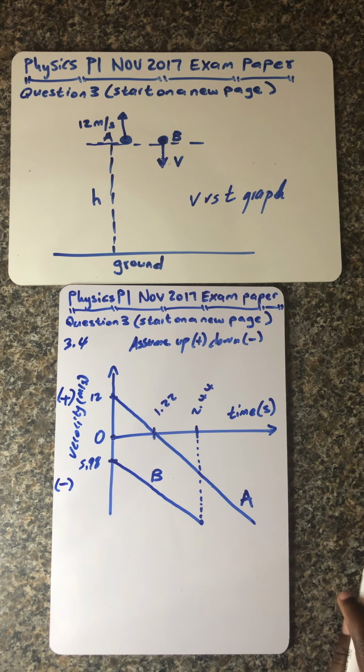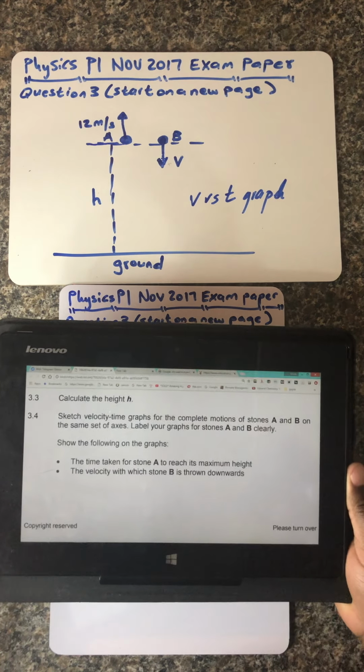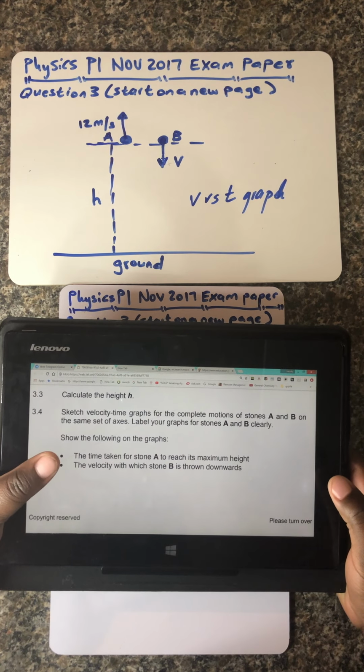Okay, so I think this is how we've answered the question, guys. Let me just quickly check from the question paper if we have answered everything before we start marking this question. I think everything is provided. So let's check. They said sketch a velocity time graph.